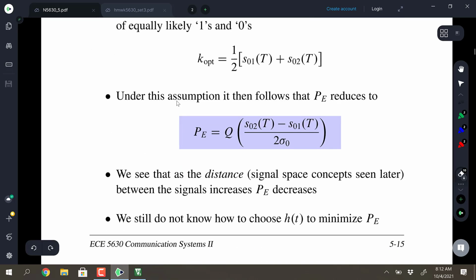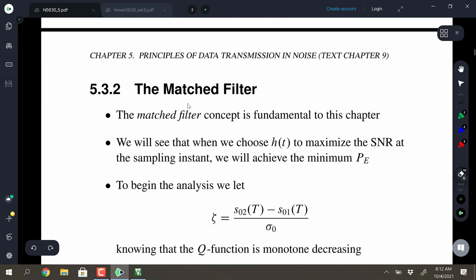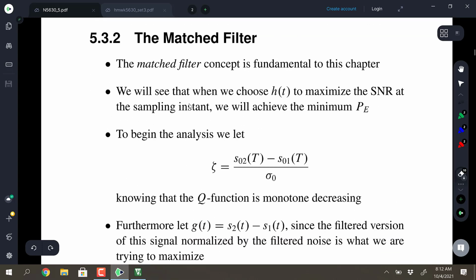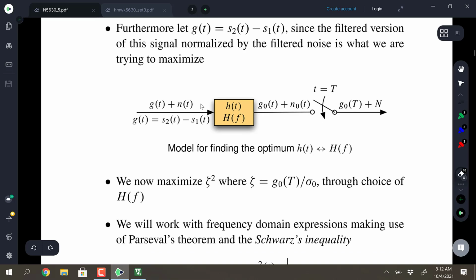And then that would be the Q function. So that is a nice result, extending from everything we've been doing, but it still doesn't do anything with how to choose h(t), the equivalent impulse response of the receiver front end. That was the discussion we did last time.